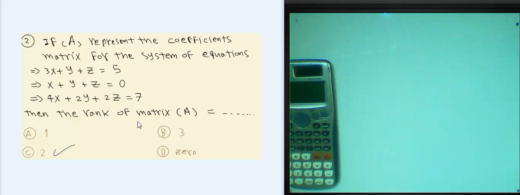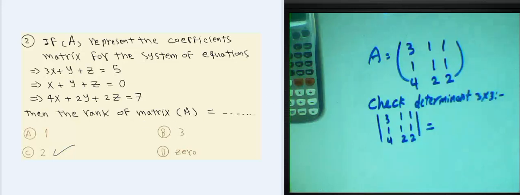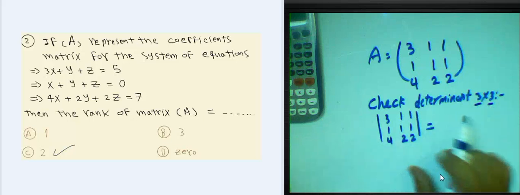He asked about the rank of matrix A. We can find the 3 by 3 determinant of matrix A. If this determinant equals 0, then the rank will be equal to 2, because we can choose 3 if this determinant is not equal 0.